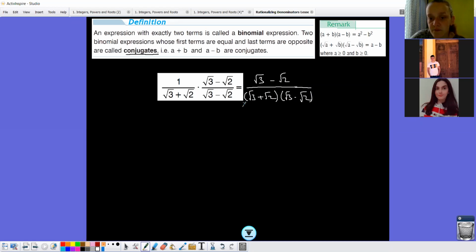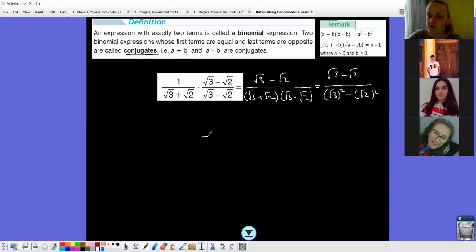So do we have an identity for this one? It's written here. If I have a plus b times a minus b, it will be a squared minus b squared, yes? So it will become root 3 minus root 2 over root 3 squared minus root 2 squared.